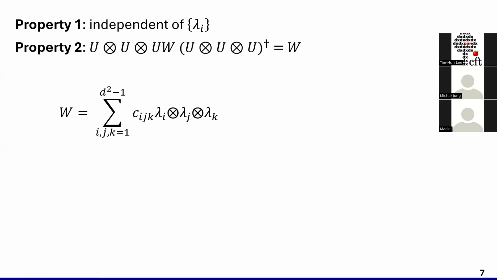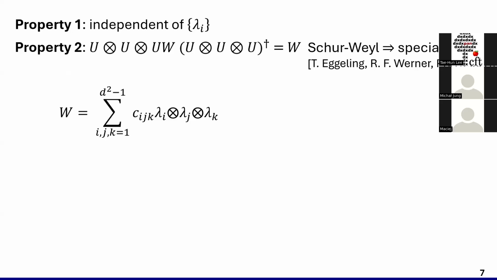From this, it also follows that the operator is invariant under unitary transformations. And if we have this property, we can apply the Schur-Weil duality, which means that any U-invariant operator can be written as a linear combination of permutations.